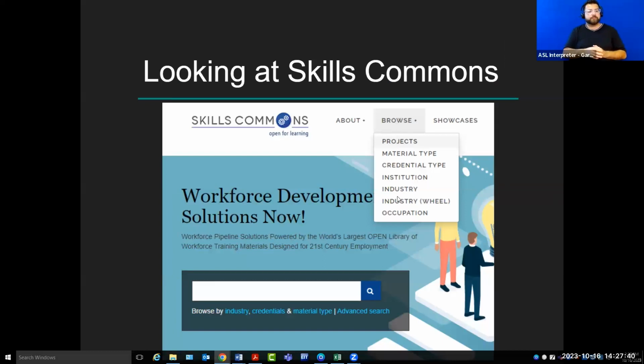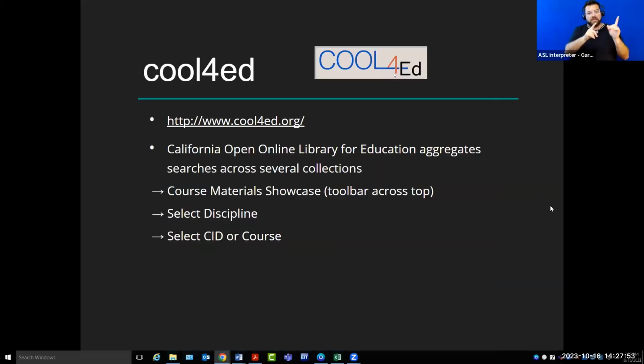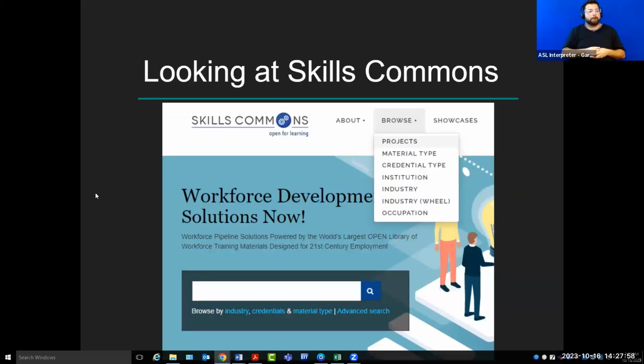You can browse by industry, you can do an advanced search, and that's going to get you a list of your different industries. They have a lot of medical materials in Skills Commons, as well as your typical CTE materials.